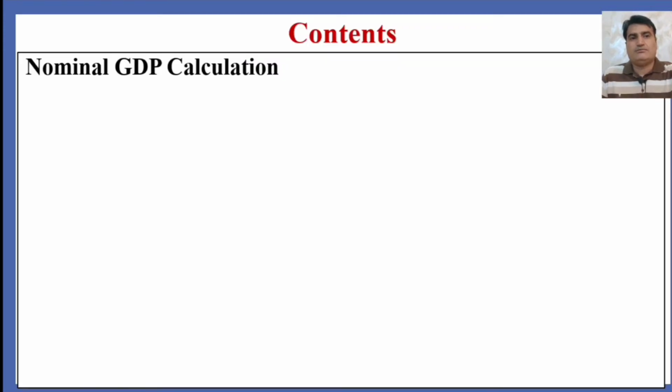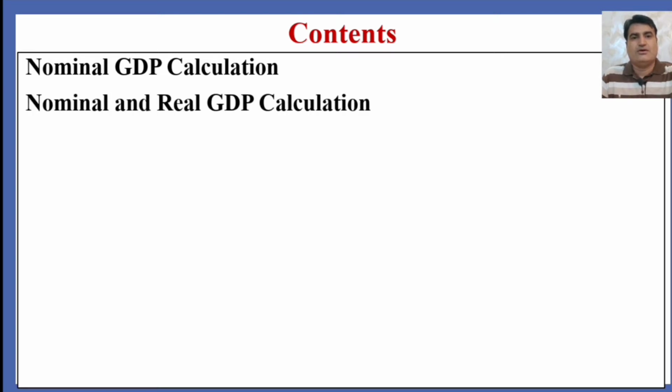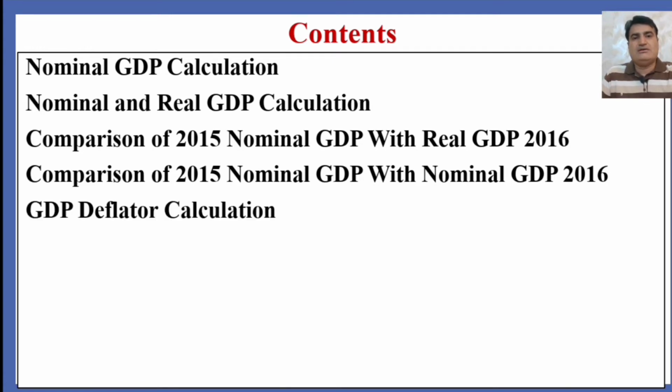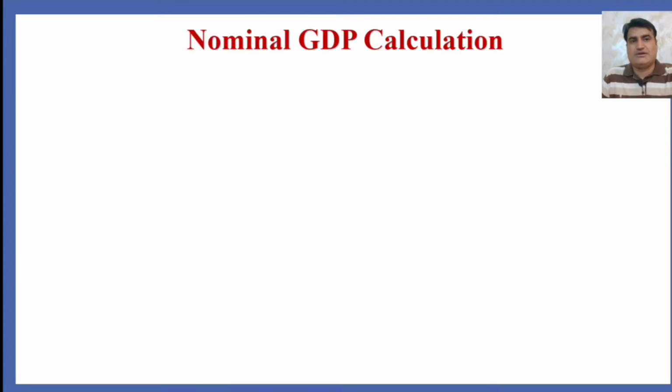The lecture plan is: how to calculate nominal GDP, how to calculate real GDP, the comparison of 2015 nominal GDP with real GDP 2016, what the comparison of 2015 nominal GDP with nominal GDP 2016 tells, and how to calculate the GDP deflator. So this is our lecture plan for today.